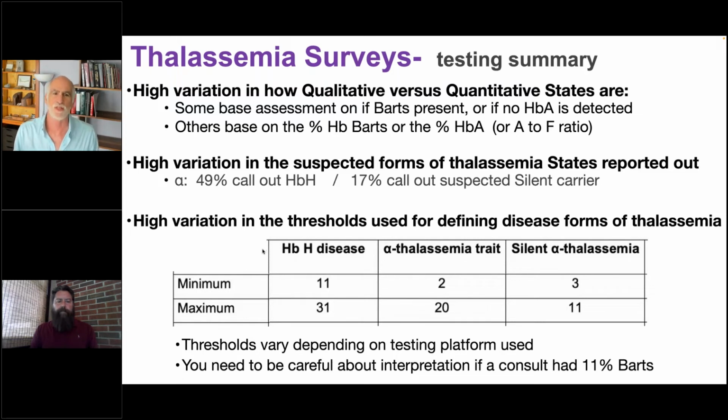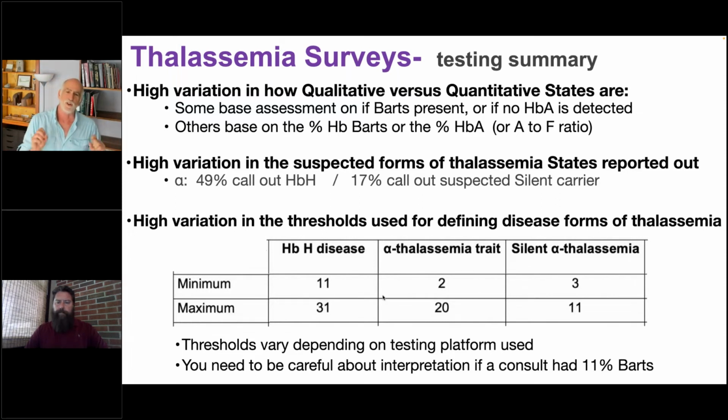And then there's variation in the thresholds used for defining the disease forms. It's not surprising, because people are using different platforms. For hemoglobin H, the range is a minimum of 11 to a maximum of 31% Barts for calling it hemoglobin H disease.